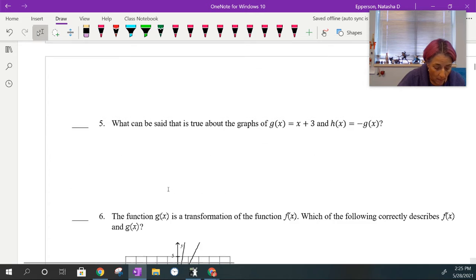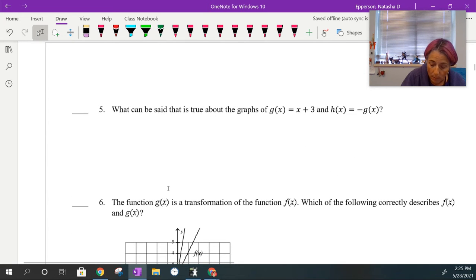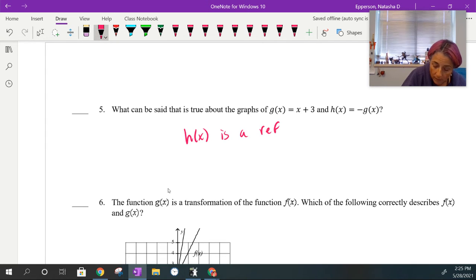Okay. Number 5, what can be said is true about the graphs? G of x is equal to x plus 3. H of x is negative g of x. So h of x is a reflection across the x-axis.